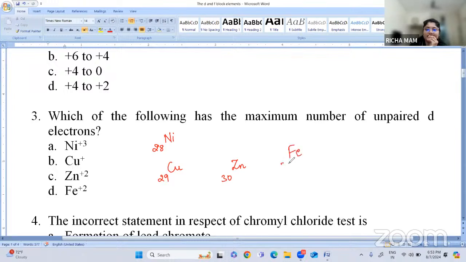Now based on that, nickel: when I write the electronic configuration for Ni3+, so this will be what?